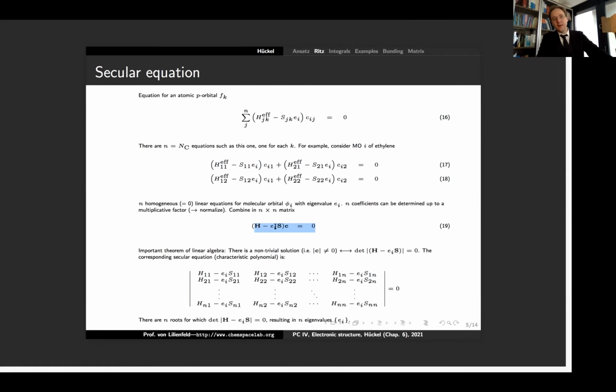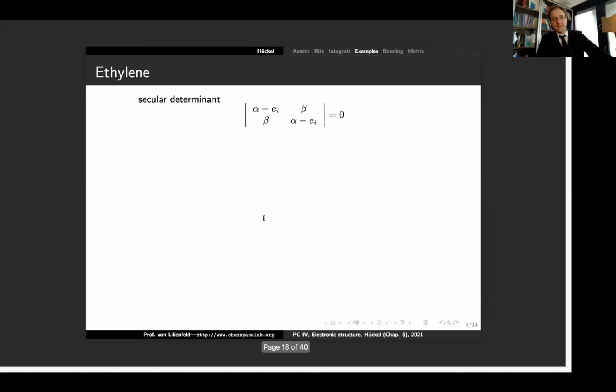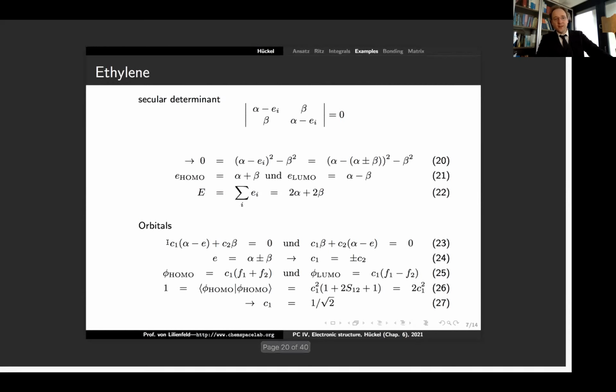Now, when you insert this back, of course, you do this insertion back using the Hückel approximations, meaning your overlap matrices and your Hamiltonian matrices assume the values of 1 for the overlap on the same atom and beta and alpha. Okay, so this is what you see now here, right?